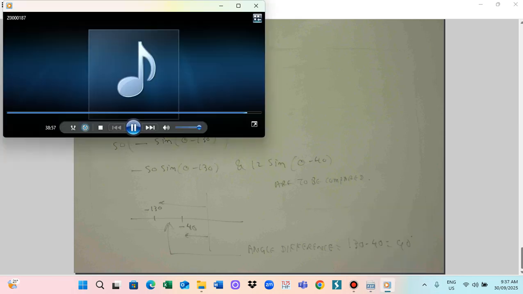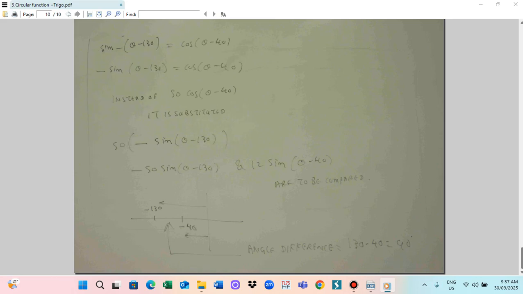So this is why we can do it. Because the original one is a cos and sine, you cannot easily compare. So firstly you have to use the formula: sine 90 minus theta is cos theta. So instead of that, we use 90 minus theta, this is sine theta minus 40. Because of the sine theta minus 40, here you can substitute theta minus 40.